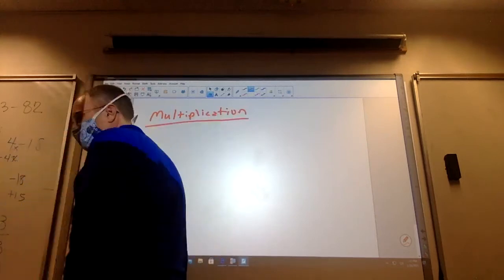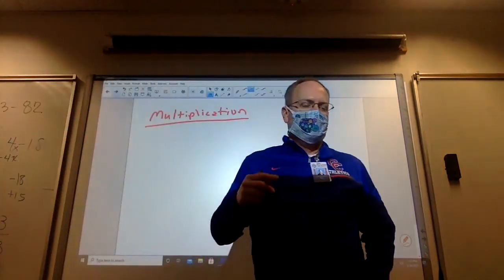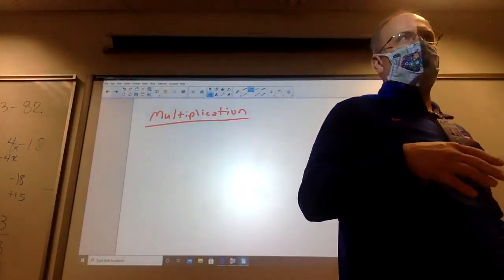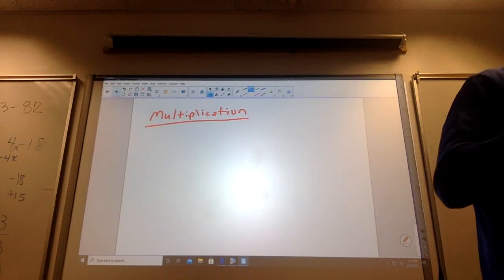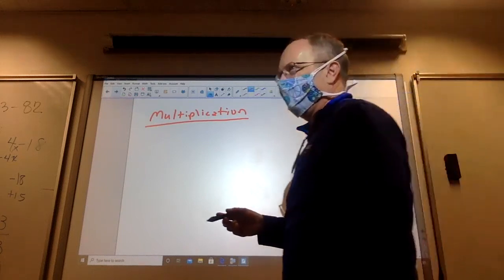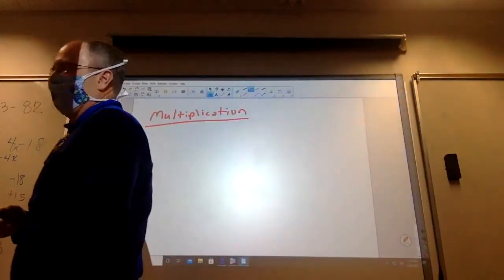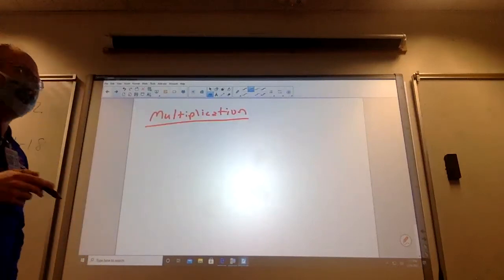All right. When I'm multiplying matrices together, I'm going to show you how to do it on the calculator, but I'm going to tell you why sometimes the calculator doesn't work. If the calculator doesn't work, that means that it won't multiply.